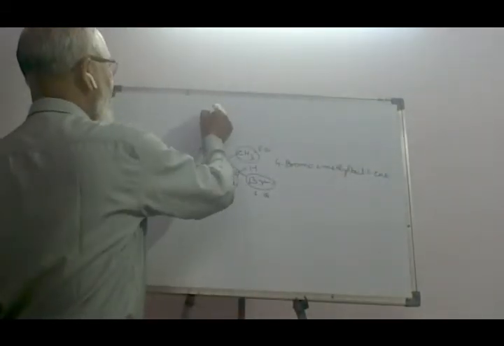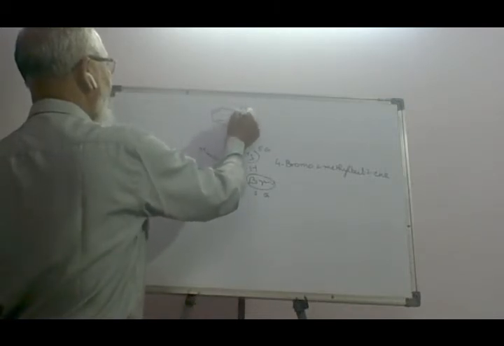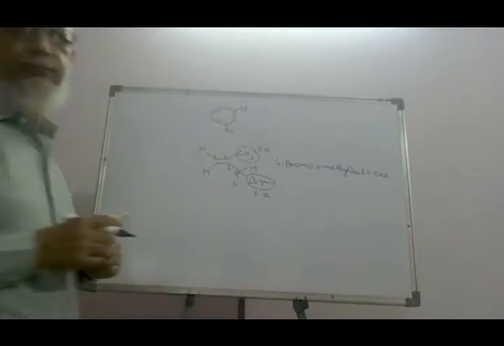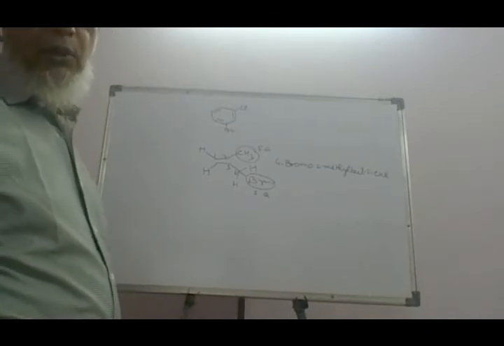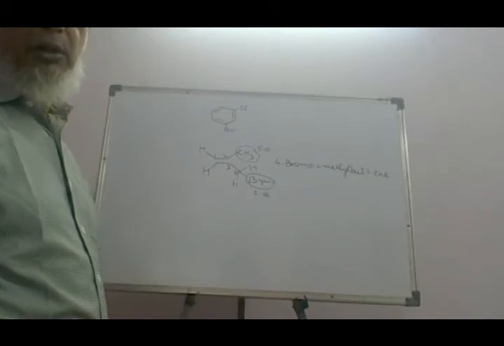Now suppose this is the compound, an aryl halide. This is an aryl halide. On the basis of the common naming system, it will be called meta-chlorobromobenzene.